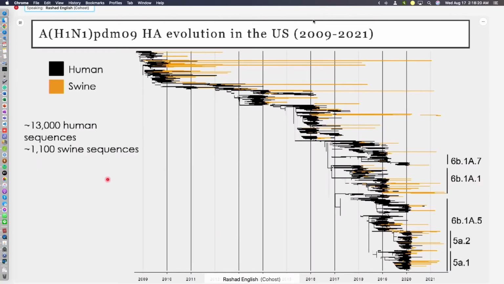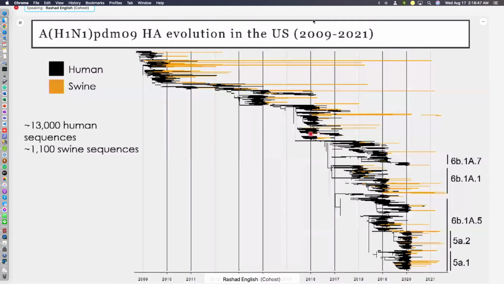This is now the general view of the evolution of that lineage in the United States in humans and pigs. This is a time-scaled phylogeny from 2009 up to middle 2021. You can see that the trunk of this evolutionary tree, which is an HA tree, has the main evolution happening in the human host.